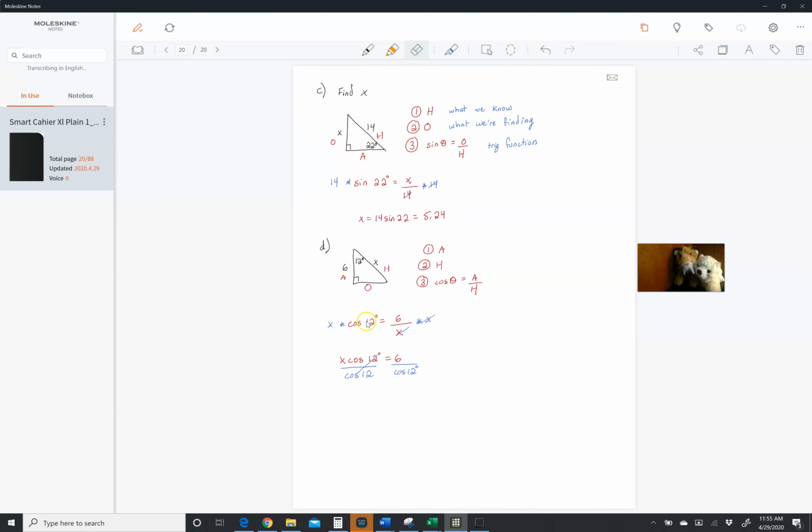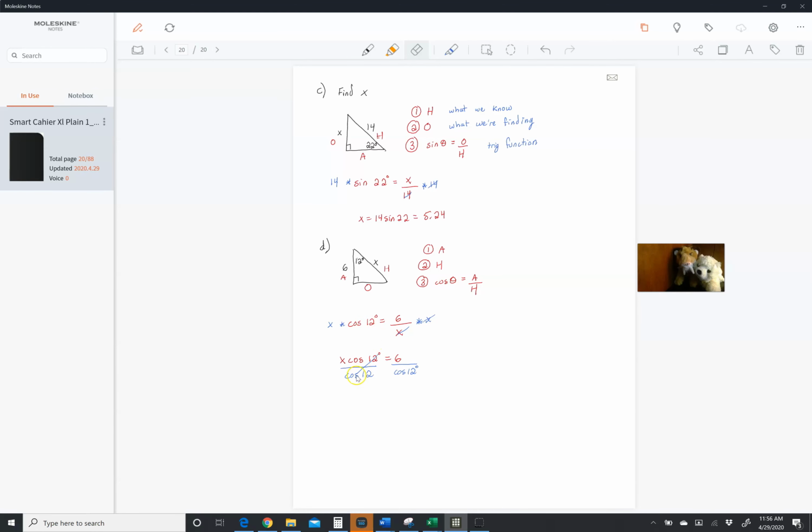Okay, so you don't have to go through and multiply both sides by x and then divide by cosine of 12. What you're seeing here is that when x is in the denominator, you can actually just switch the x and the trig function. That's always going to be the case. If this had been tangent of 72 equals 10 over x, then you would make it 10 over the tangent of 72 equals x.